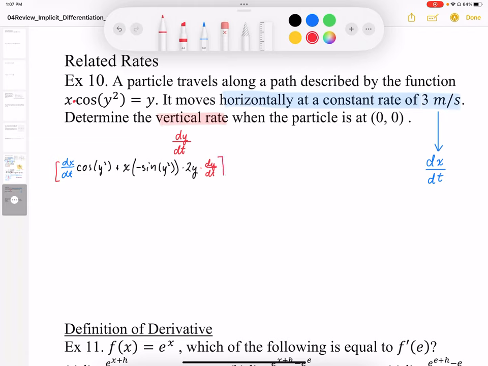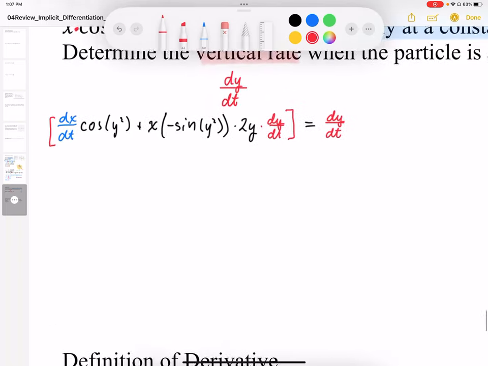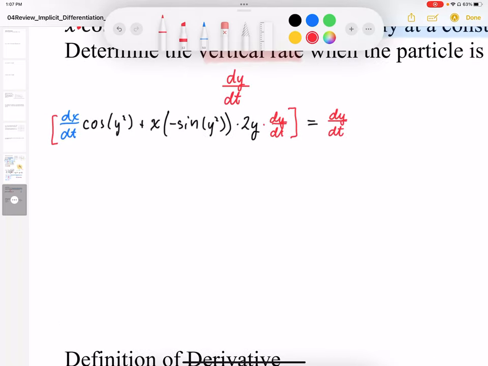And that is the product rule for the left-hand side of that equation. On the right-hand side, I'm going to differentiate y, and y becomes 1 times the derivative of y with respect to time. Okay, so now I've differentiated this expression with respect to time.